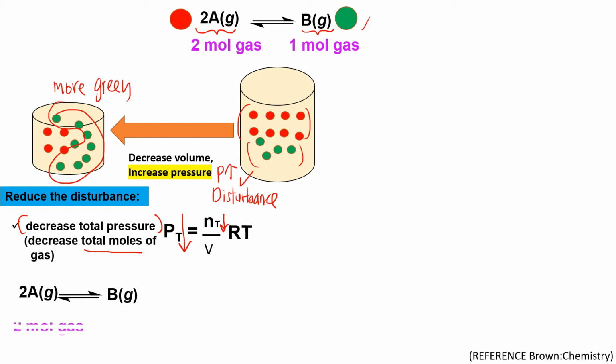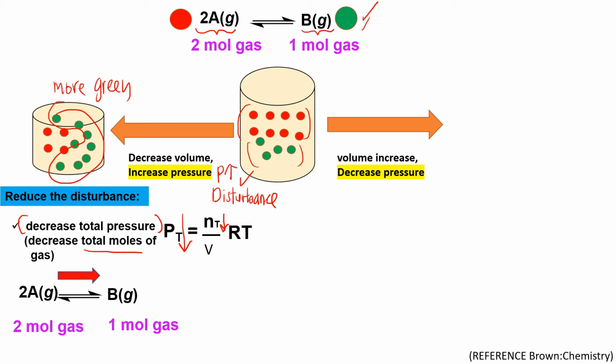Check the equation: the left side is 2 moles and the right side is 1 mole. So we shift to the right side, because 2 to 1 means the number of moles is smaller. That's why you will produce more green color B.